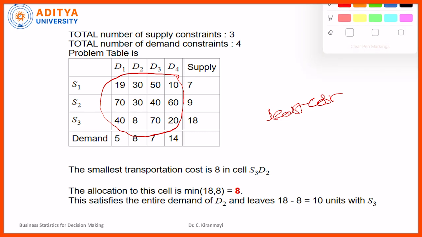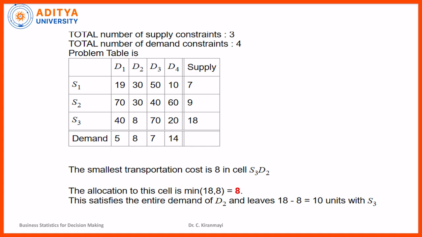So, among all the costs in the cost matrix, let us find which is the least cost. Among all the costs, this 8 is the least cost, which is S3D2, that is cell 32. So, to this cell we have to make an allocation.